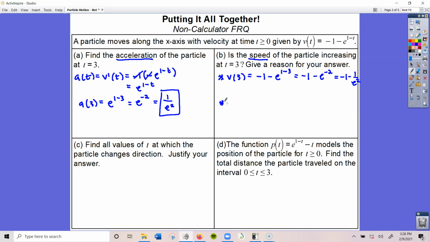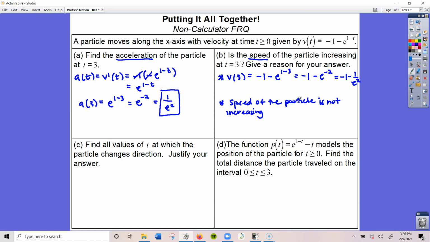So we would say the speed of the particle is not increasing. You always want to make sure that you're answering the question directly. I know that I could say that the speed of the particle is decreasing, but it's asking if the speed is increasing. So we want to make sure that we relay our answer using their wording.